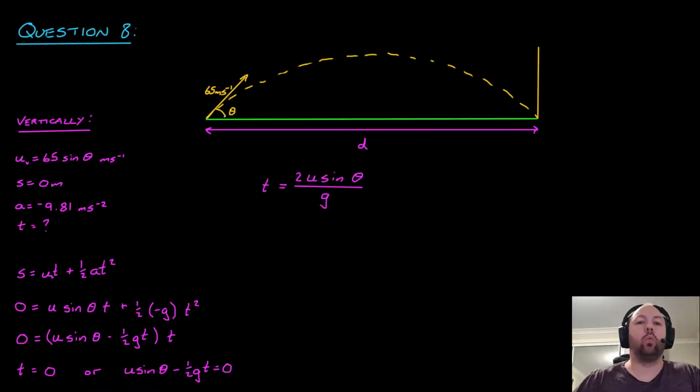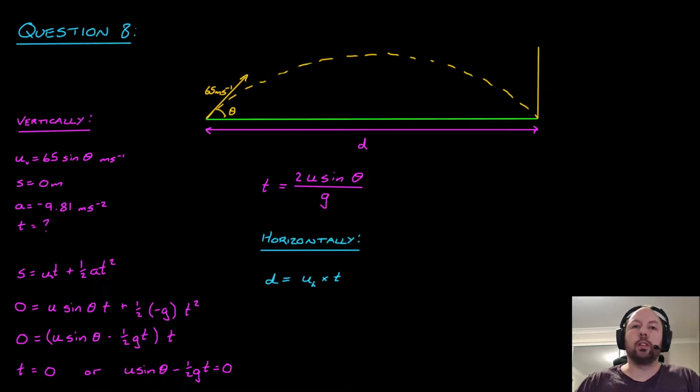Rearranging that last part, we get that t equals 2 times u sine theta on g. Obviously, t equals 0 corresponds to our initial placement of the object, where it is at a displacement of 0, and so this second time has to be the one where it reaches the end of its projectile motion.